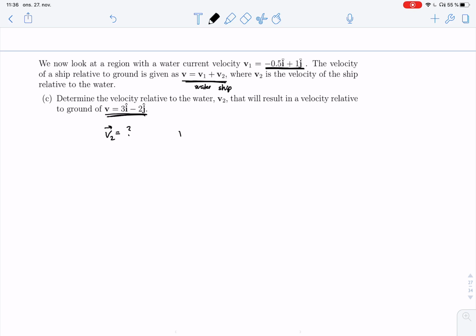So we have v equals what we have in the water plus the ship relative to water. And we know what it is relative to the ground. So here it's 3I minus 2J. V1 we also know, so we could put that in here.